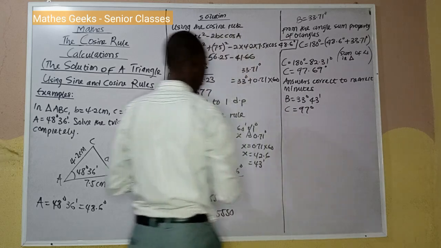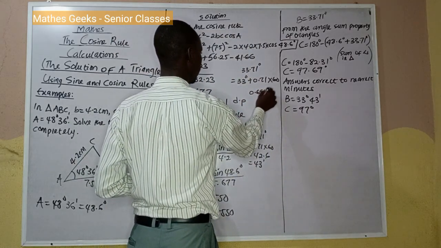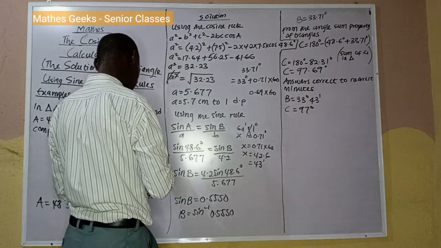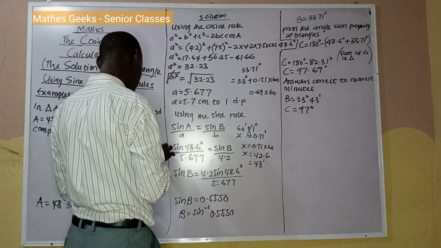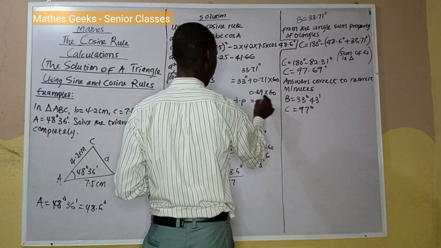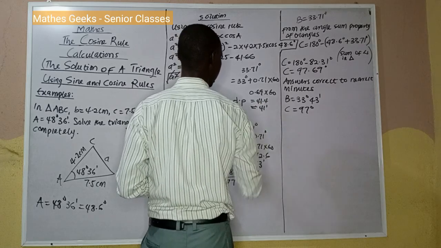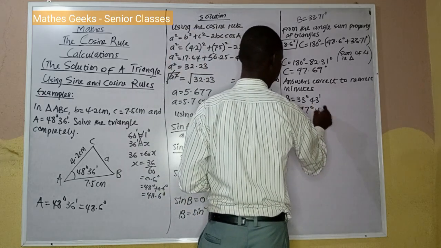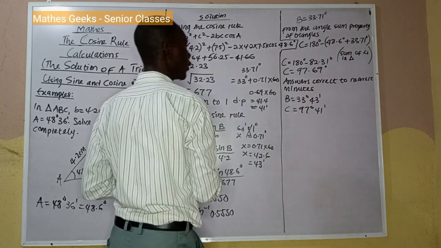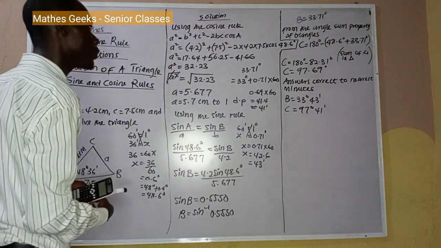Still the same process: 0.69 times 60 is 41.4, approximately 41 minutes. So 97 degrees, 41 minutes. Those are the answers correct to nearest minute.